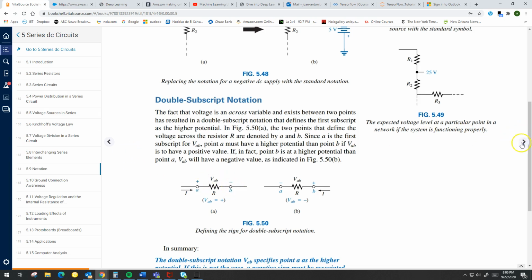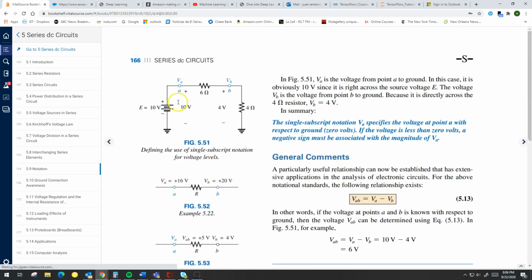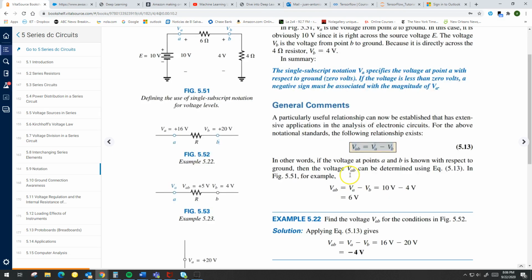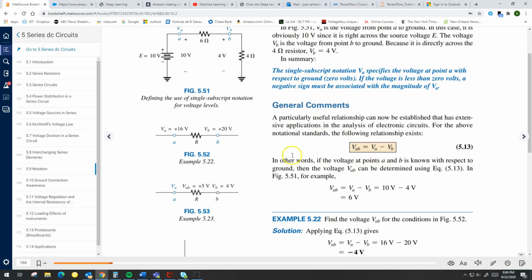So if you look, for example, at this circuit, if I want to know what VAB is, it's really the difference between A and B. In other words, if the voltage at points A and B is known with respect to ground, then I can find VAB by using just the difference of the two.